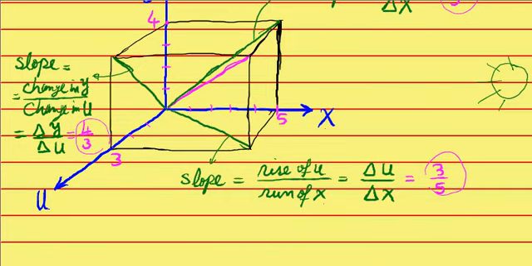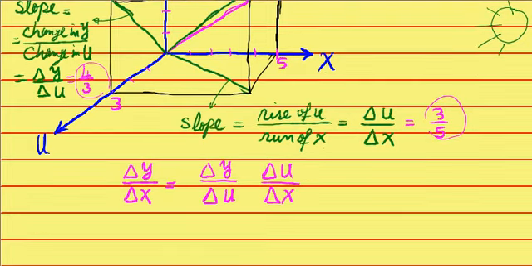So if I want to write that observation here, I'll write that delta y over delta x is the same as delta y over delta u times delta u divided by delta x. It's just a matter of simplifying this fraction and getting that thing out of it.